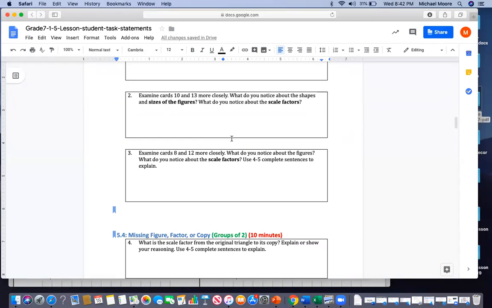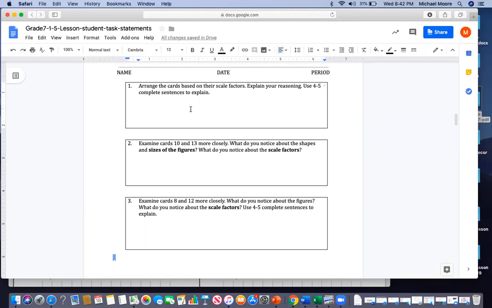Scale factor 3, cards 2, 5, and 10. Scale factors of a 3rd were cards 4, 6, and 13. And scale factor of 1 for cards 8 and 12. So we would put that in this box once we arrange that.